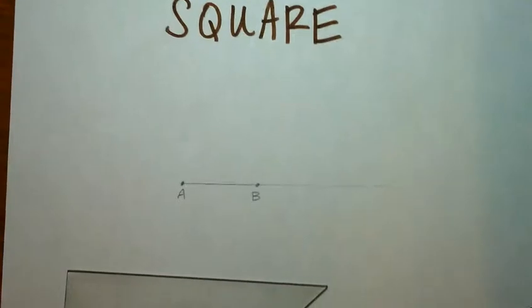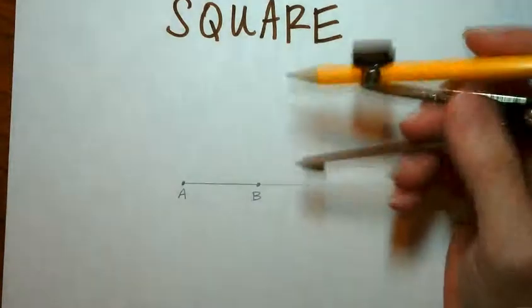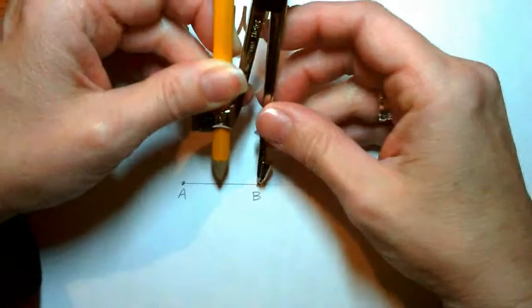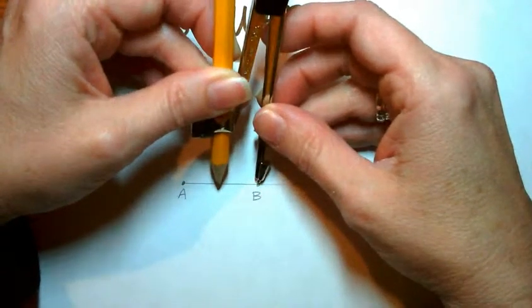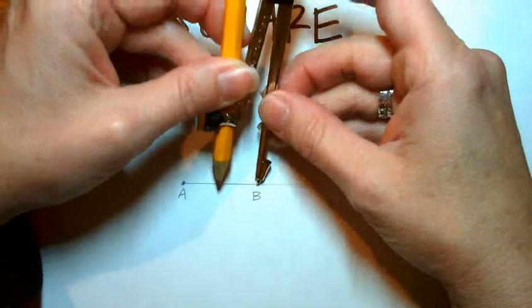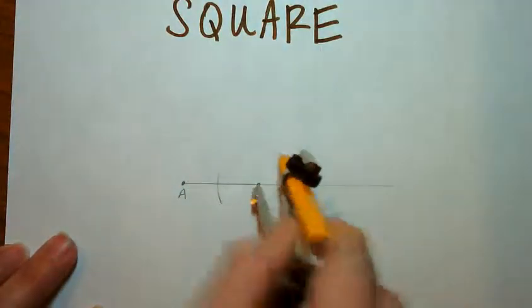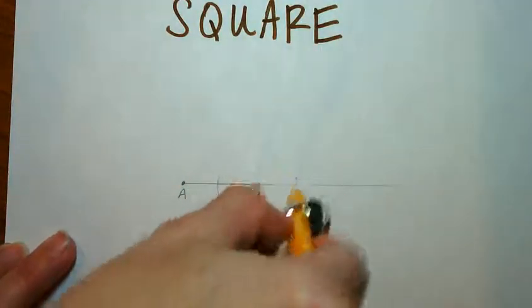Taking the compass, I'm going to measure out a small distance. It doesn't need to be huge. With the point on B, I'm going to make an arc over here and over there.